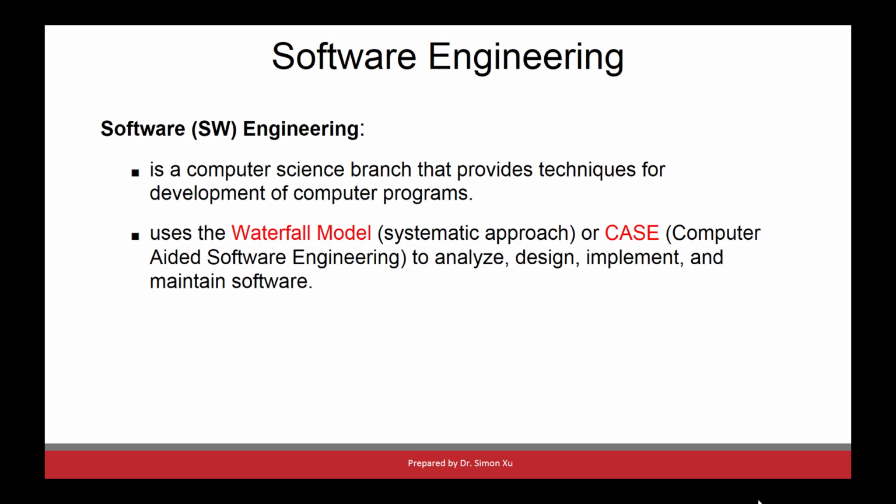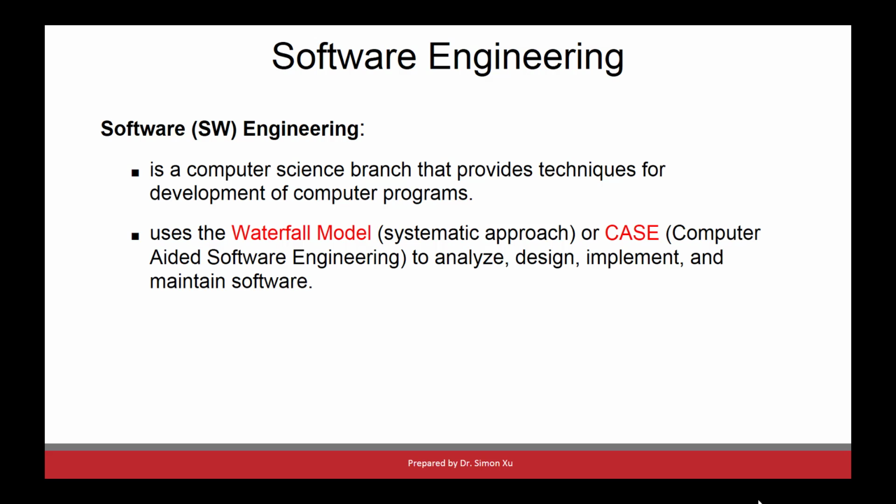The purpose of software engineering research is to find better methods, methodologies, and tools to help us develop high quality software products. For example, the famous waterfall model, which is used to help us systematically develop software, includes a few phases.